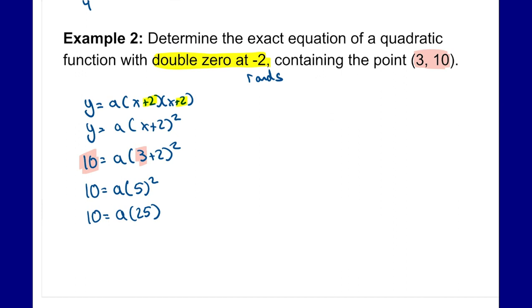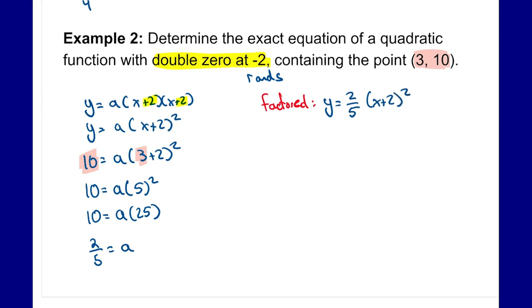I get 10 over 25, or 2 over 5 is equal to a. Now I can write out my factored form because I know my a value. So my factored form would be y equals 2 over 5 (x + 2) squared.